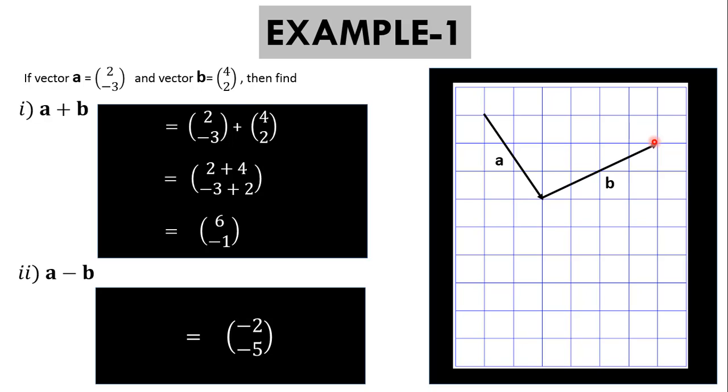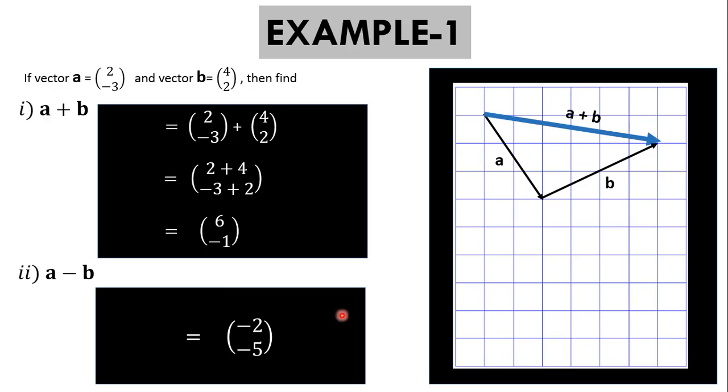Their resultant in the graph is going to be this one, which is 1 2 3 4 5 6 units in the x direction and minus 1 unit in the y direction. Now if you compare it over here, it is the same graphically. So 6 units in the x direction and negative 1 in the y direction.